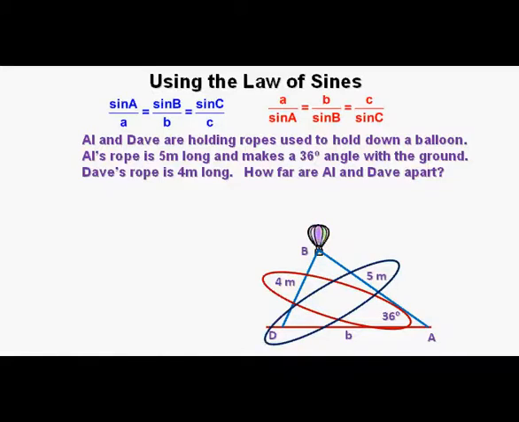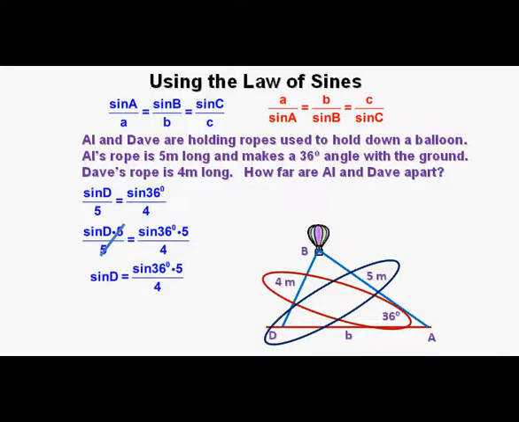And here's that equation. We have the sine of angle D over 5 equals the sine of 36 degrees over 4. Next, we multiply both sides of the equation by 5. 5 over 5 cancel to equal 1 on the left side of the equation. We're left with the sine of angle D equals the sine of 36 degrees times 5 over 4.